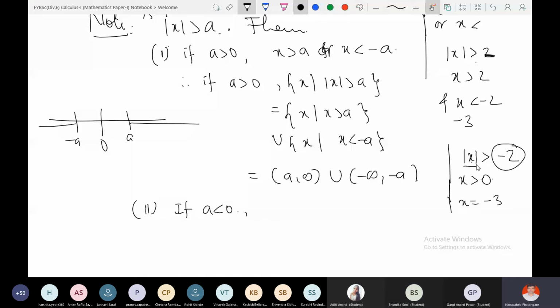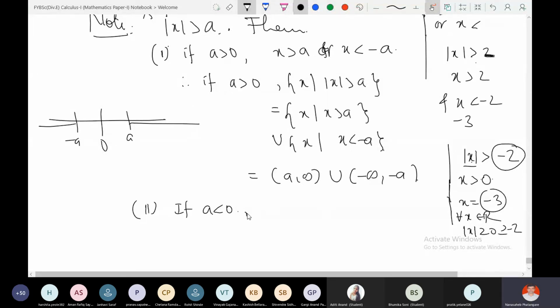Does -3 satisfy this? Yes, because whatever negative number you take, its absolute value is positive. So for every x in R, doesn't matter if it is positive or negative, absolute value of x is greater than or equal to 0, and therefore certainly it is greater than or equal to -2.